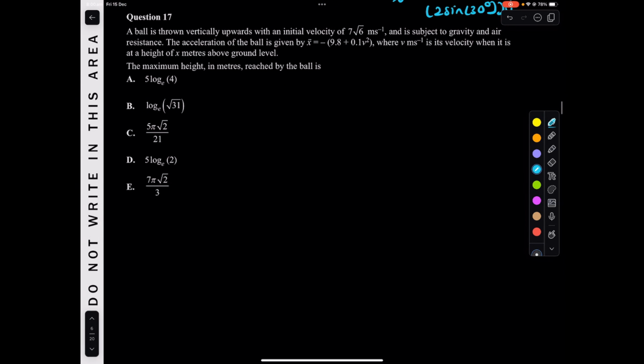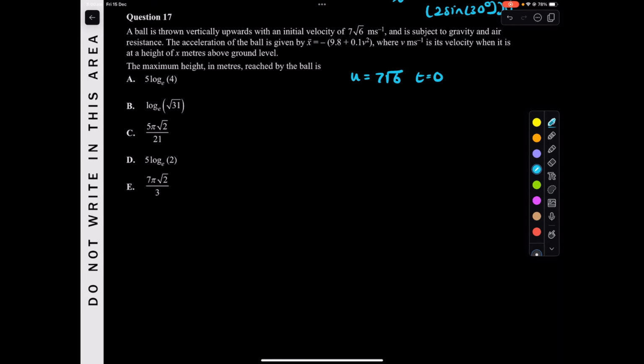Nice. Question 17. A ball is thrown vertically upwards with an initial velocity of 7√6, and it's subjected to gravity and air resistance. The acceleration of the ball is given by this, where V is the velocity when it's at a height of X meters above the ground level. The maximum height in meters reached by the ball is what? So we have that the initial velocity U is equal to 7√6 when T equals 0.